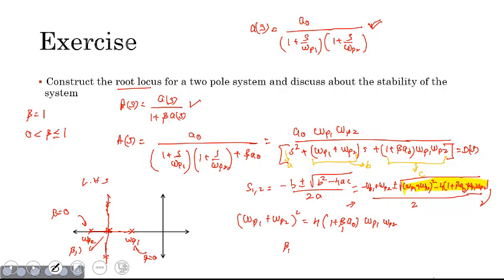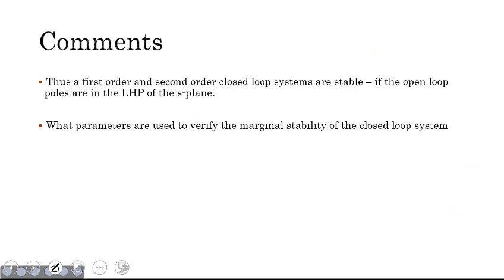So doing simple math, we would end up with a beta value equal to, I'm just writing the result directly, so please go through the arithmetic behind this to know exactly how we get this final expression here. And this is the value of beta 1 that we need when we want a critically damped response, right?